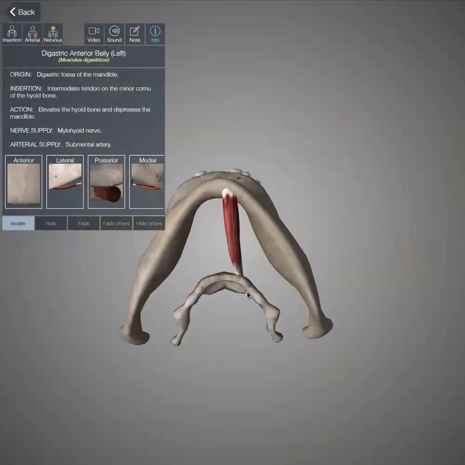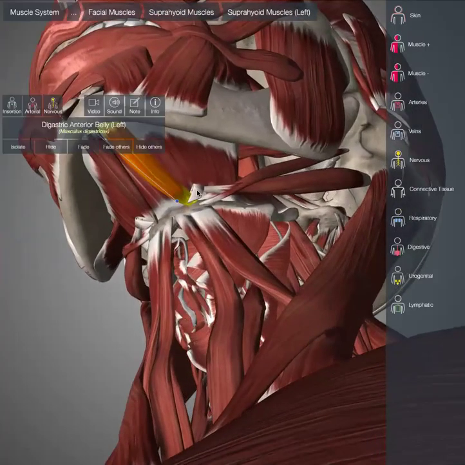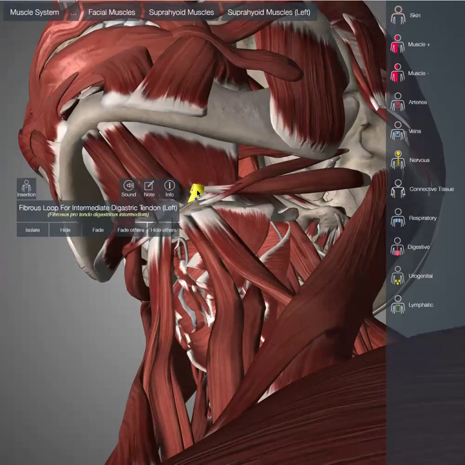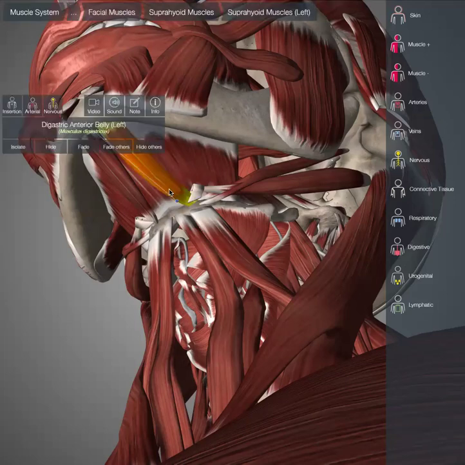And it inserts into the tendon. This tendon attaches on the hyoid bone. Remember, it doesn't attach to the hyoid itself, but to this tendon. There's a tendon for digastric called the digastric tendon, where the two bellies attach to this tendon, and then it attaches to the hyoid bone.